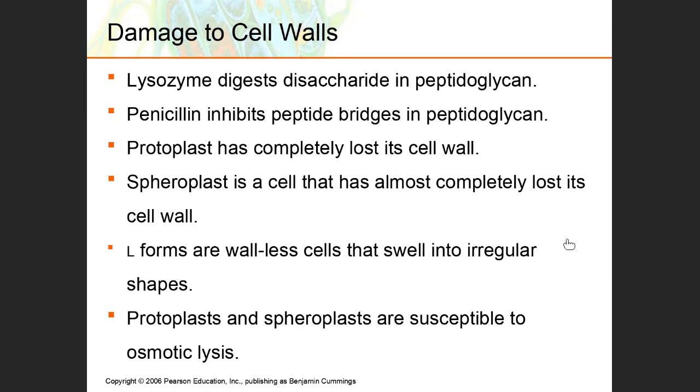Water will move into the cell and the cell will explode because there's no cell wall to protect them anymore. We also have certain detergents and chemicals which also damage the cell wall and make the bacteria susceptible to osmotic lysis. So when we talk about disinfectants and antiseptics, we'll talk about some of those other chemicals.